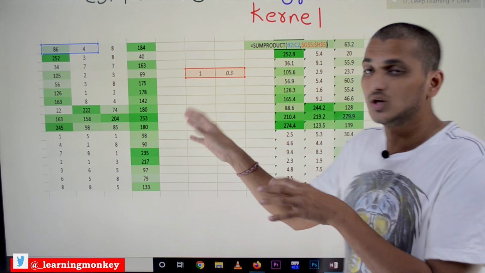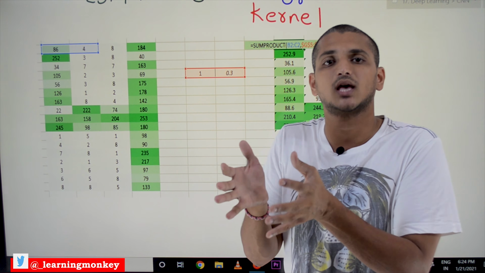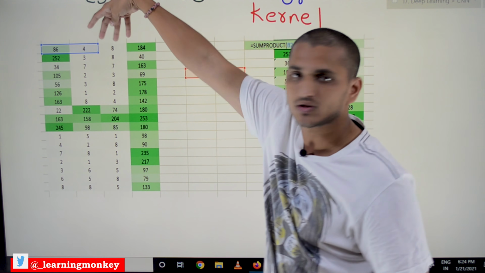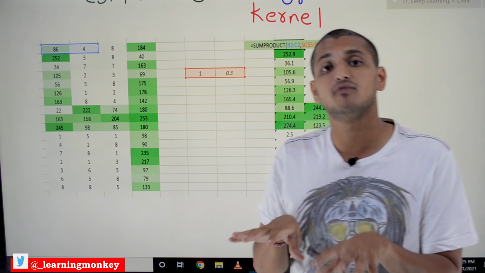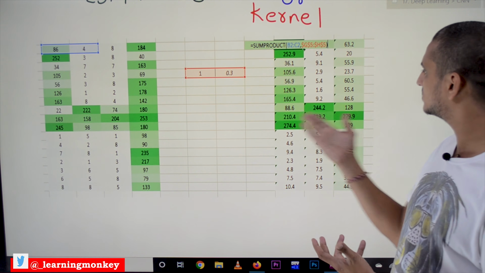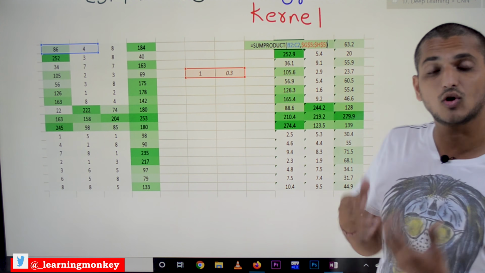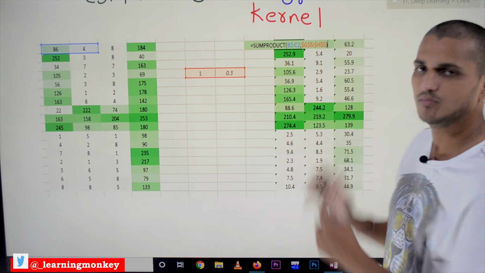We are not missing the features, but we are reducing the image size. Here we have 4 columns, here we have only 3 columns, but we didn't miss the features. By looking at this image, we can identify that this image consists of the digit 4.